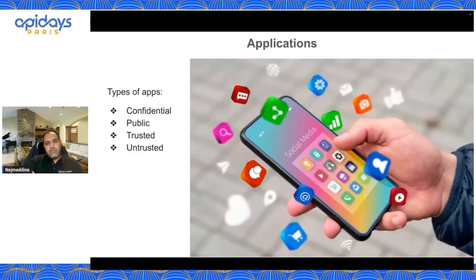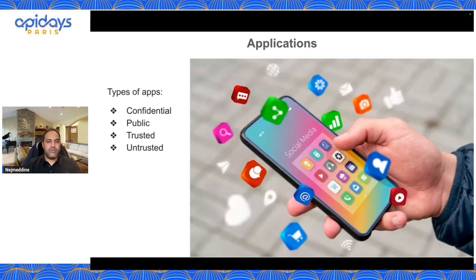The application now. The application is the way or the component that lets you, as a consumer, communicate with or access these resources, and know that there are 4 types of application, and you will see later that depending on the type of application you need to use one grant type.